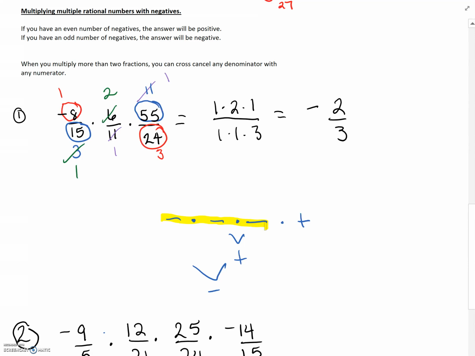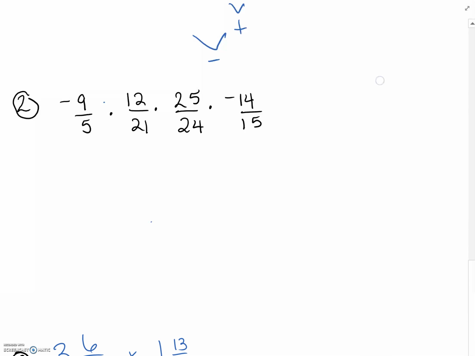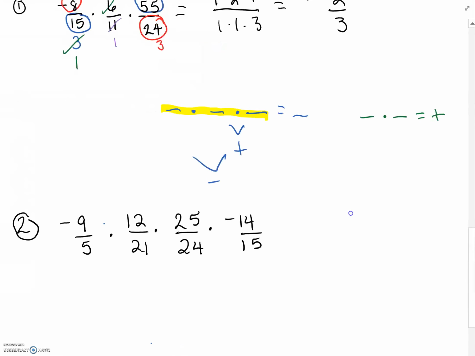If you have an even number of negatives, the answer will be positive. Anyway, you can always just multiply it out. Whoops, that should be negative. All right, so that gives us negative 2/3. We're going to keep going. So try this one, pause the video, come back, and see how you did.